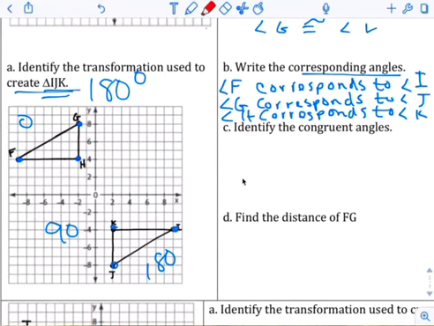Identify the congruent angles. This is the angle symbol, okay? Congruent is this symbol right here, congruent to.